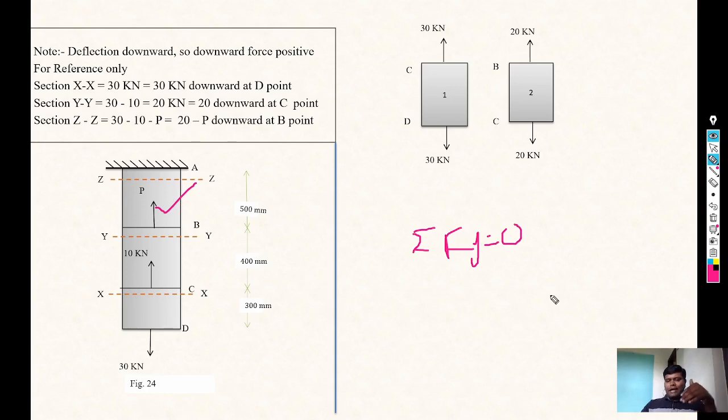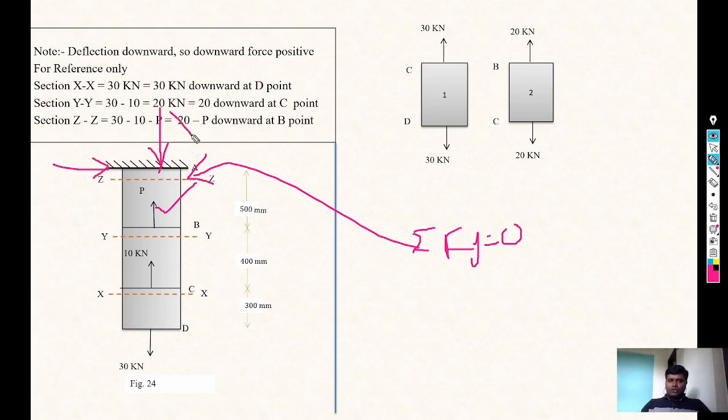Just as we discussed in the last numerical, for the calculation of any individual unknown axial force, apply summation Fx equals 0 if all forces are horizontal, and apply summation Fy equals 0 if all forces are vertical. But here we have not applied summation Fy equals 0 to calculate that P force, because our point A is fixed, and due to that fixity, it may have support reactions, vertical and horizontal.